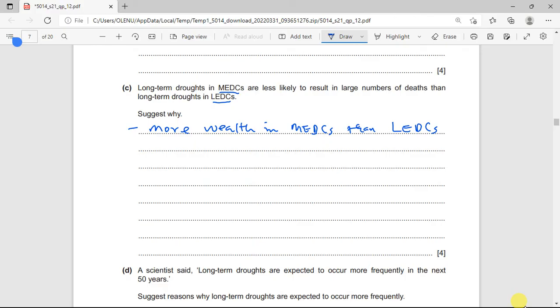So you find out that MEDCs have emergency plans and good prediction.